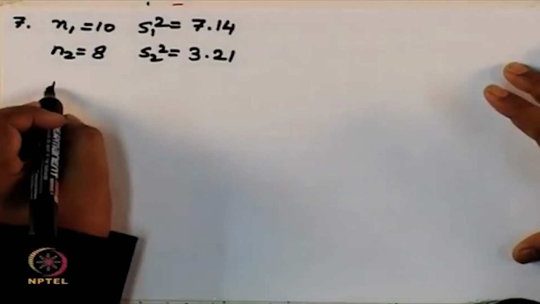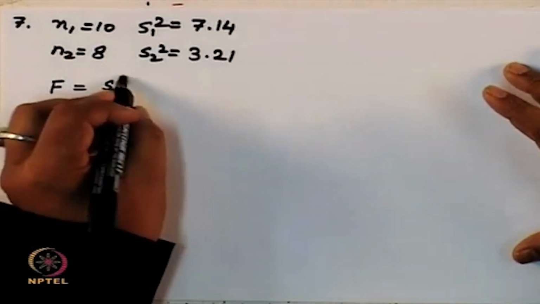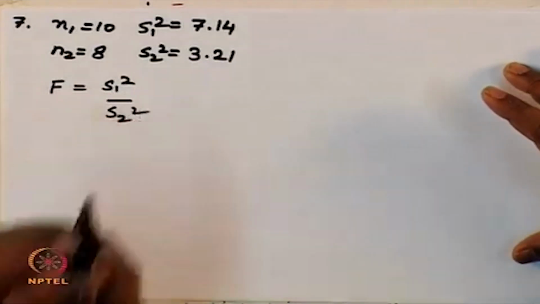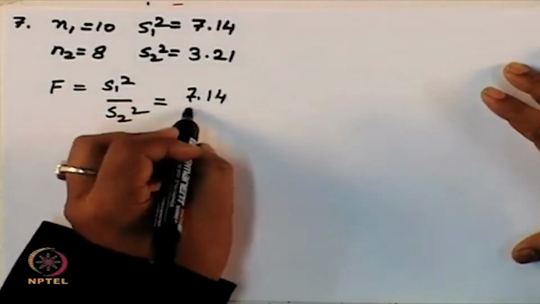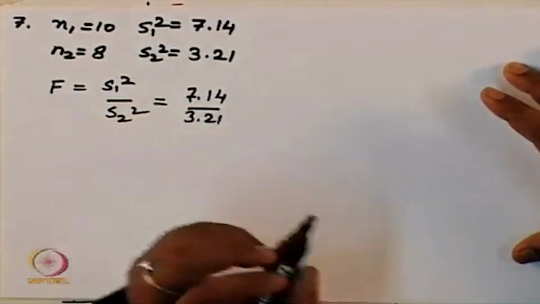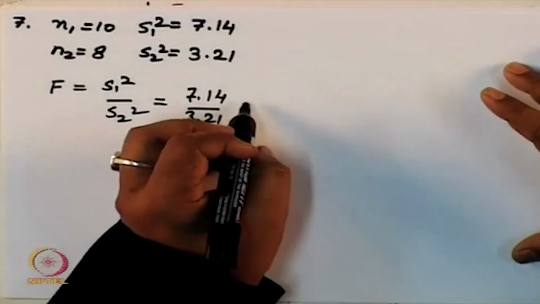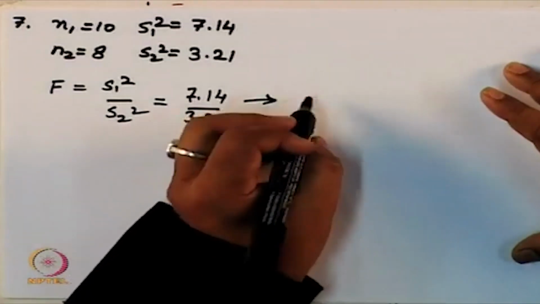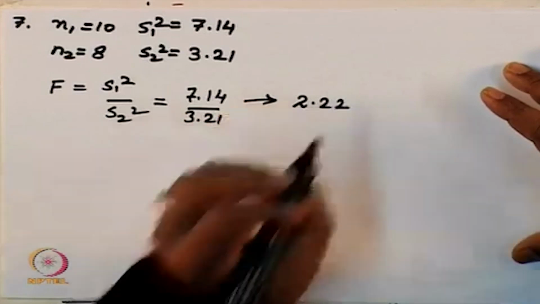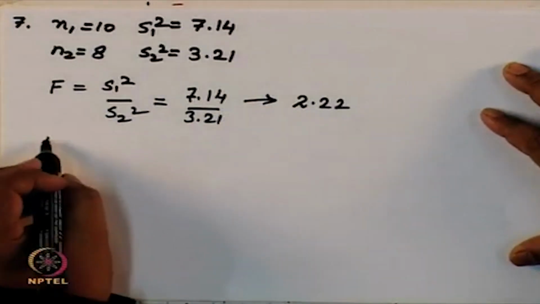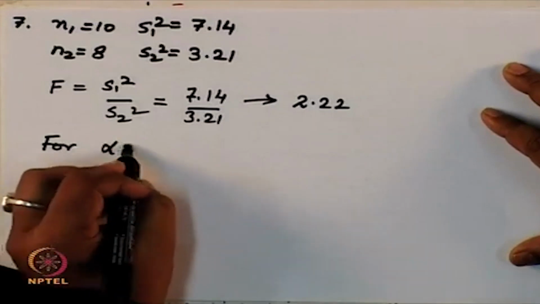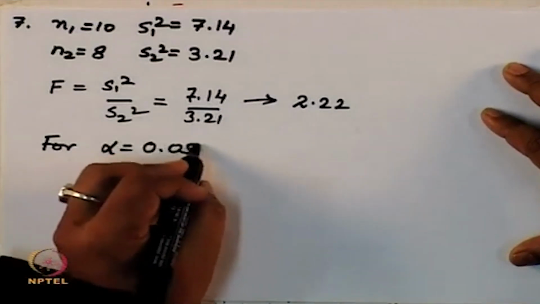I have defined f as s1 square by s2 square as my test metric. So, in this case it is simply 7.14 by 3.21 and you get a corresponding value of f equal to roughly 2.22.